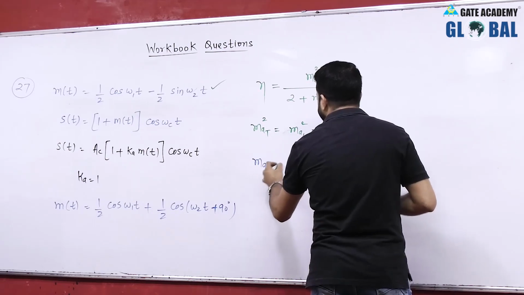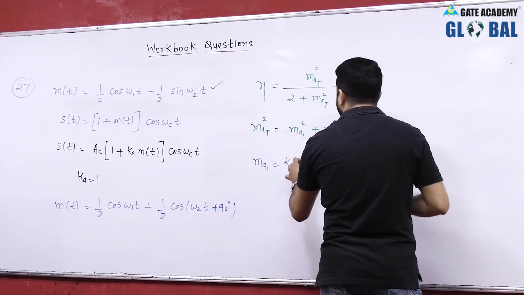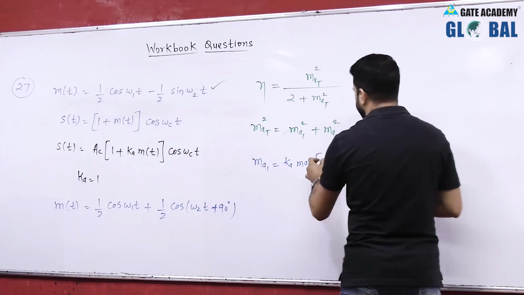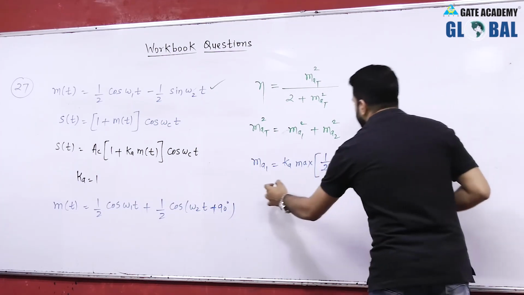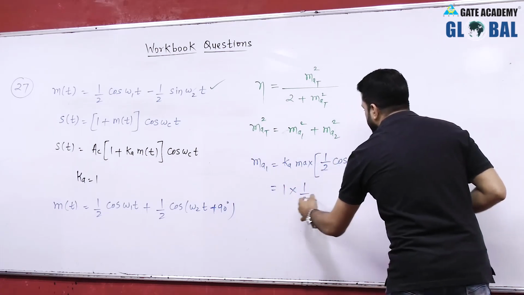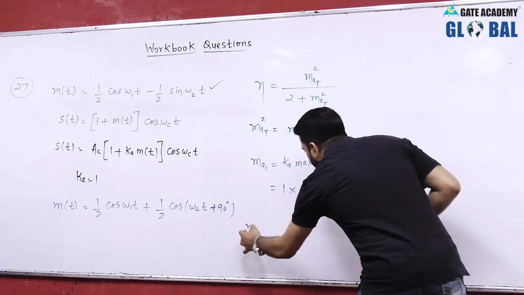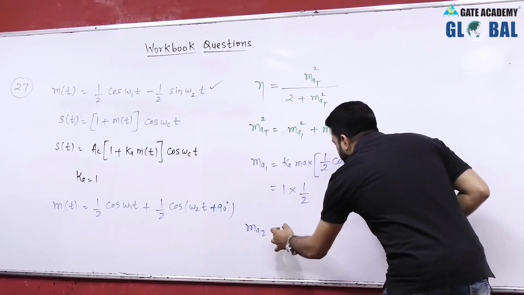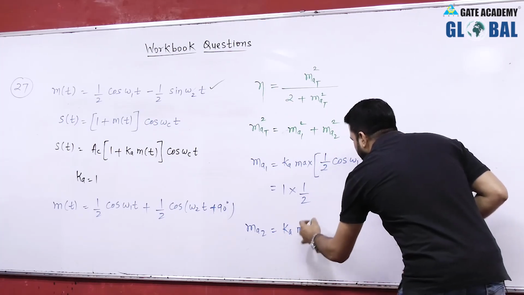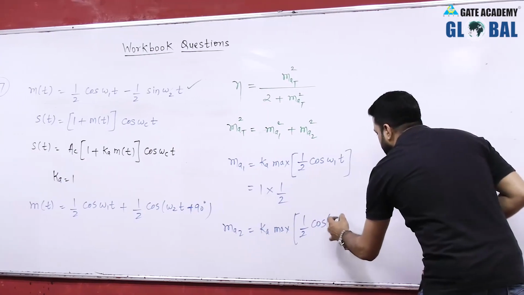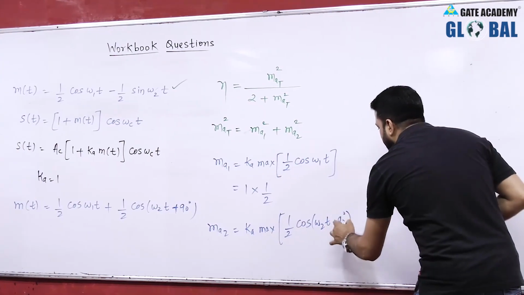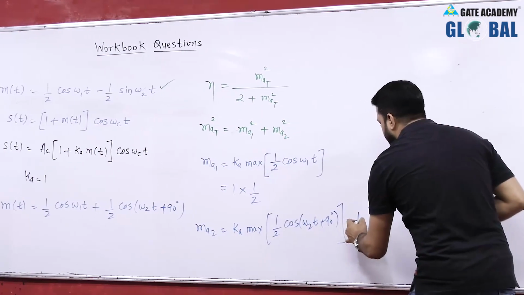So MA1 is K into the maximum value of m(t), which for the first component 1/2 cos ω1t is 1 into 1/2, and similarly MA2 is also K into the maximum value of m(t), which for 1/2 cos(ω2t + 90°) is also 1/2.